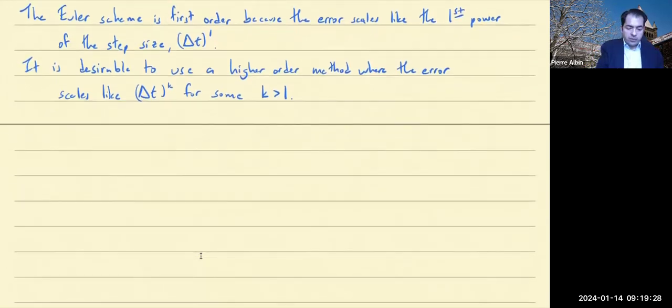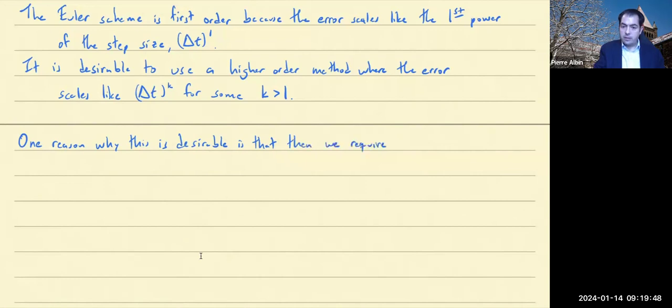One reason why this is desirable is that then we require fewer steps to get within a desired error.